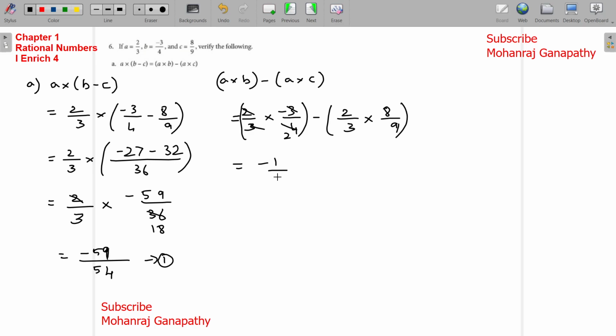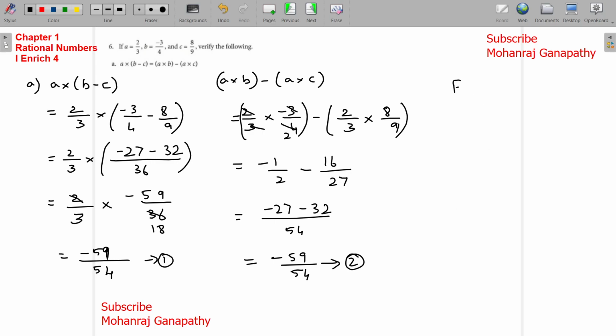So minus 1 by 2 minus, 2 8s are 16, 3 9s are 27. LCM is 54. 27 into 1 is 27. 16 into 2 is minus 32, which is equal to minus 59 by 54. Equation 2. From 1 and 2 it is verified.